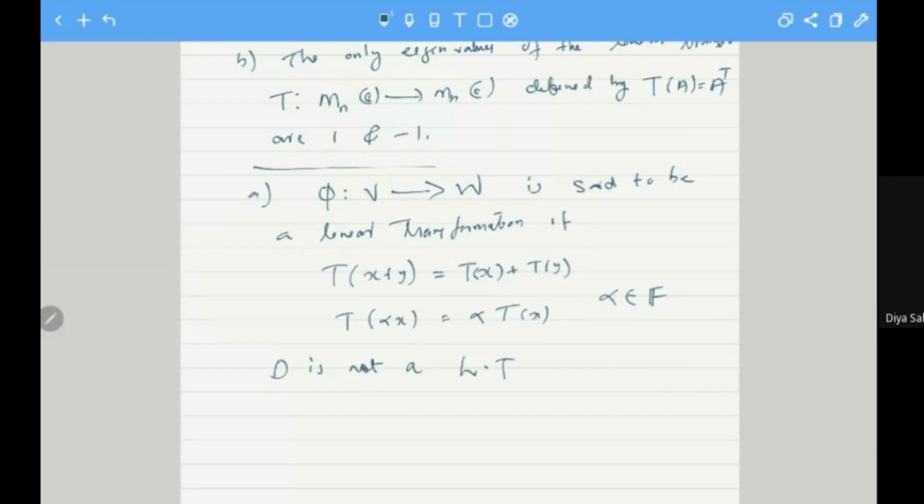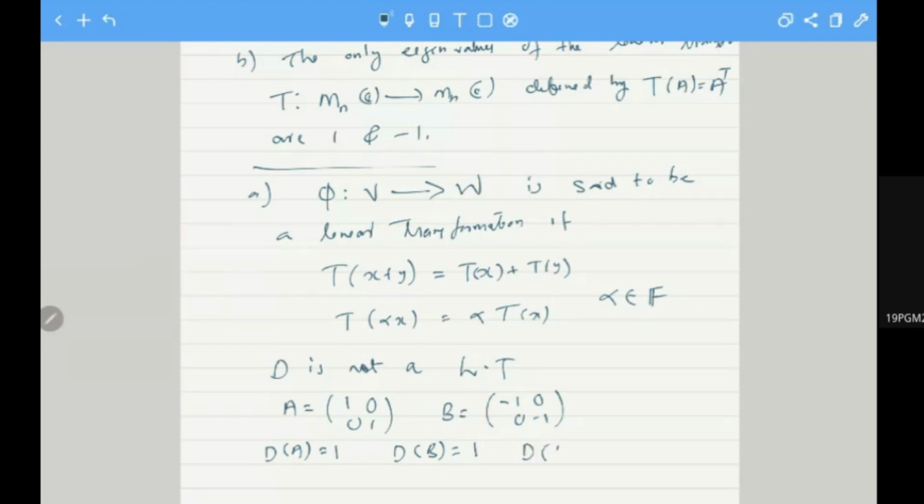How do we show this? Sir, if you take A as identity and B as minus I. Yes, A equals [1, 0; 0, 1] and B equals [-1, 0; 0, -1]. Determinant of A is 1, and determinant of B is also 1. So D of A is 1, D of B is again 1.